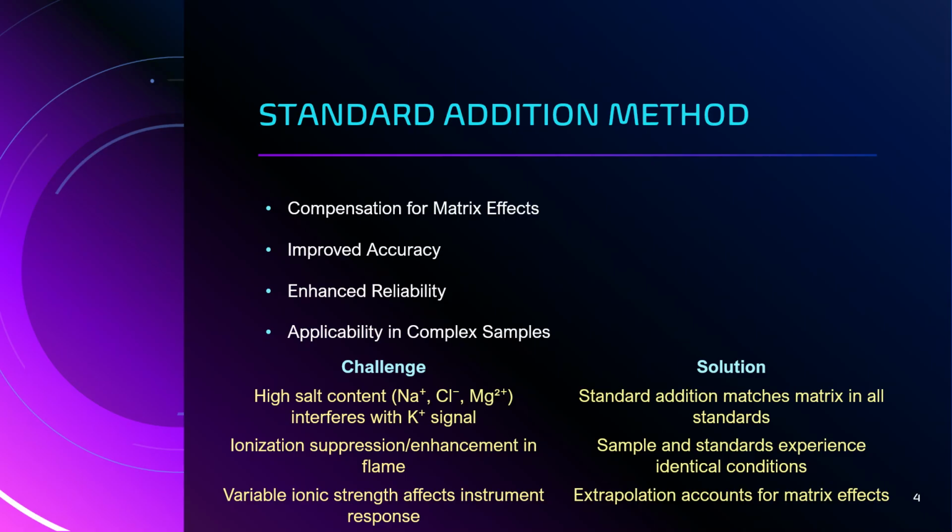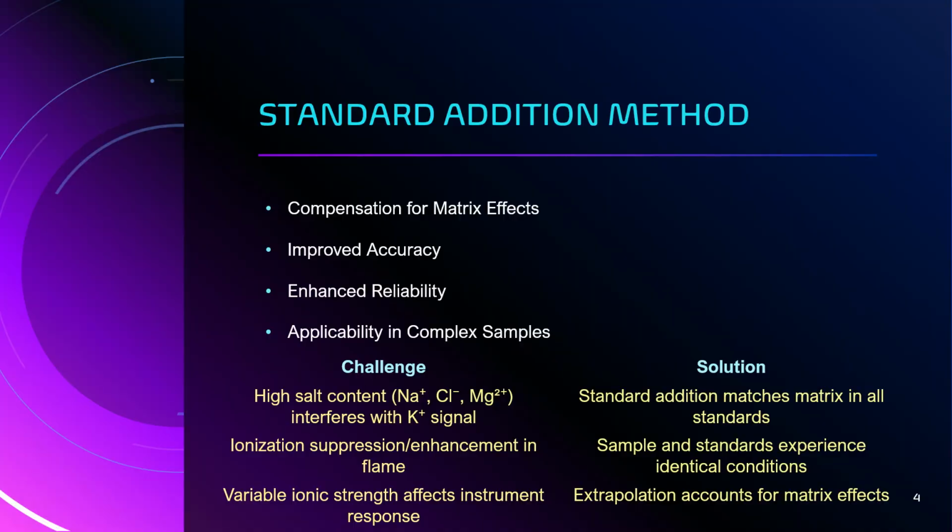When you have a complex matrix, you use the standard addition method. As I have already told you, seawater contains a lot of ions. Apart from potassium, you can find sodium, you can find lithium, and you can find numerous ions. So how to counter that situation? You cannot make those matrices in your labs.